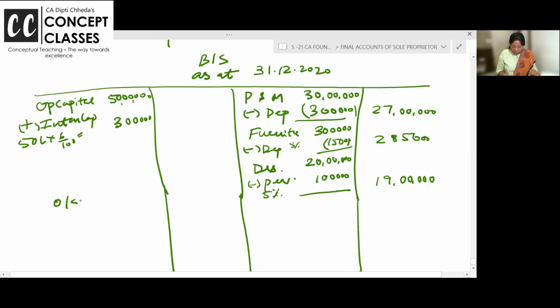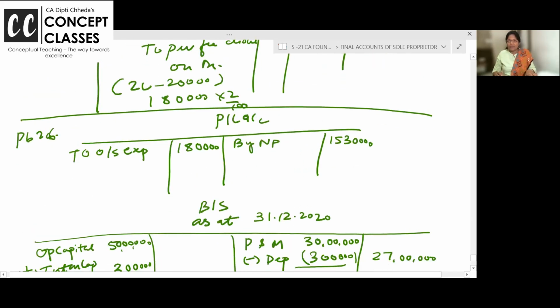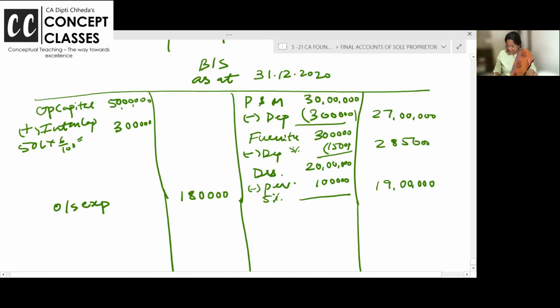And this side, outstanding expense, 1,80,000. Prepaid insurance, 20,000. So prepaid insurance to insurance, you're reducing the expense. So profit will increase, and it will come on the asset side, current assets. Prepaid insurance.